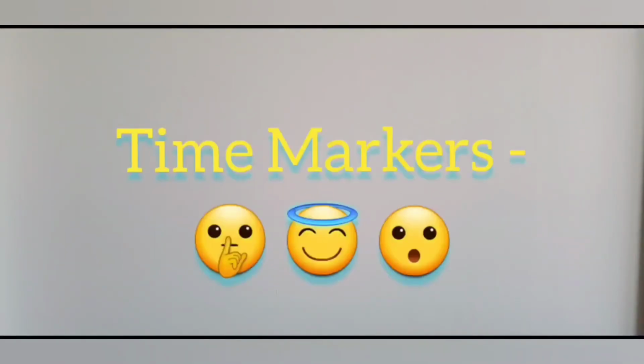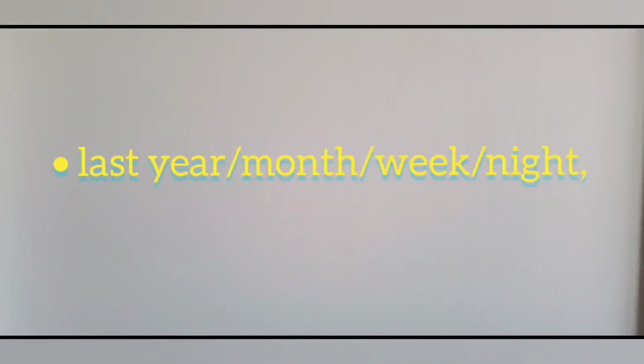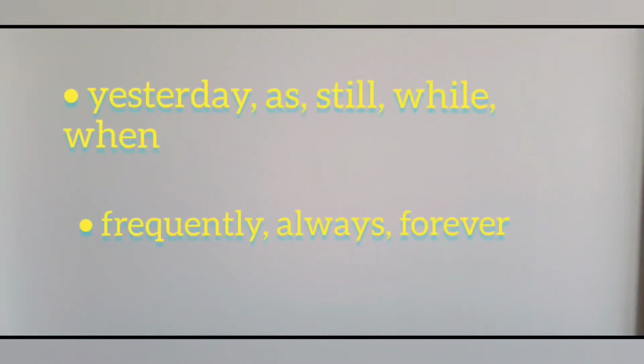Time markers. Use time markers to indicate the past progressive tense. Last year, month, week, night, yesterday, as, still, while, when, frequently, always, forever.